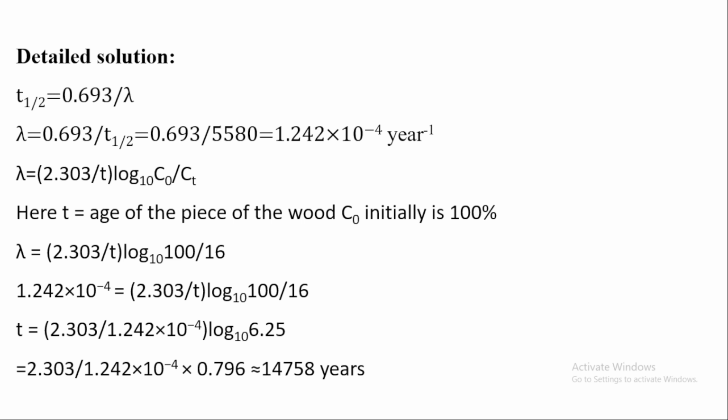When you solve this whole thing, log 6.25 is 0.796, and when you divide 2.303 by 1.242 into 10 raised to the power of minus 4 and multiply it by 0.796, the approximate value would be 14,758 years. So this will be the age of the wood.